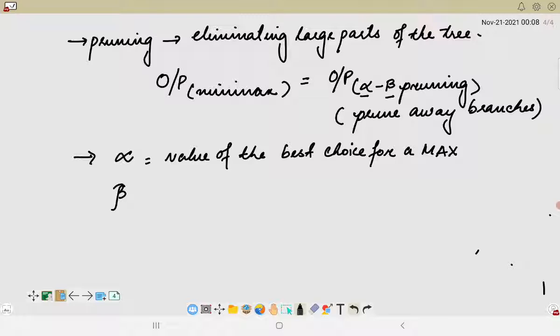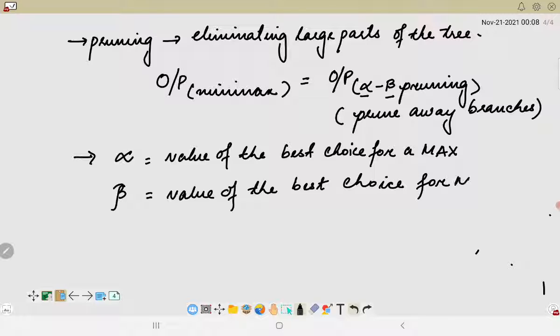Alternately, max and min keep applying their moves until they get a winning utility value. Beta is the value of the best choice for min. For max, it will choose the maximum value out of all the values, and for min, the best choice is the minimum value of all the moves.